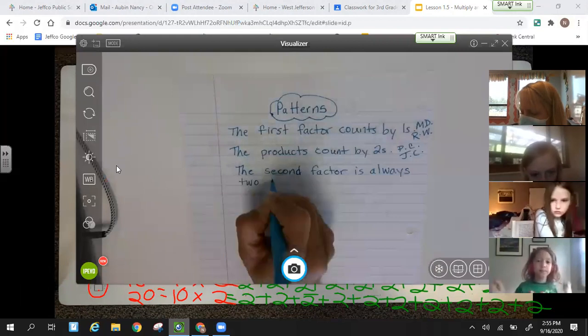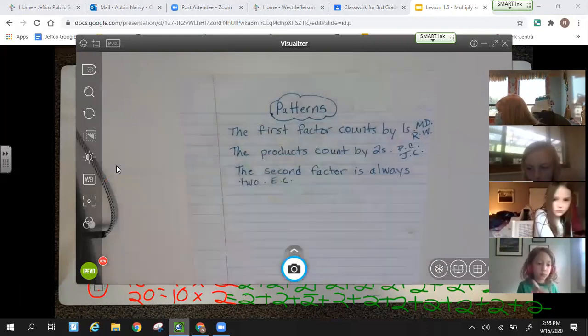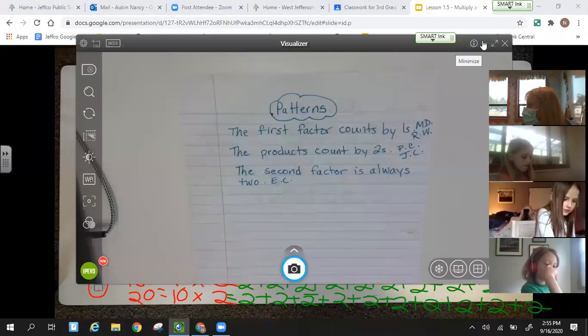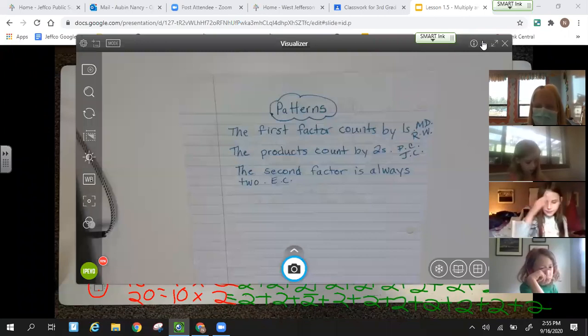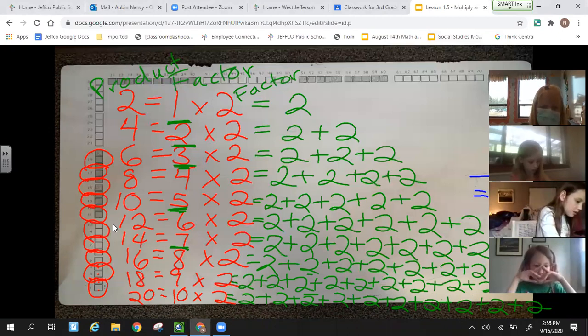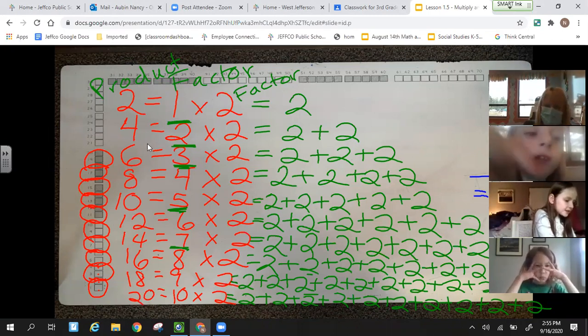You were thinking what? Oh, okay. All right. Anybody else? Abby? Sure. Anybody else have a pattern they see? Nobody at home? Well, I mean, there's a lot of counting by twos. It also stays two. I think that second factor, that was Ben. But you already had that one.